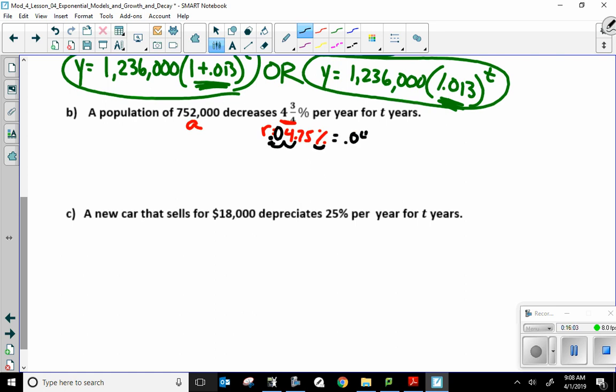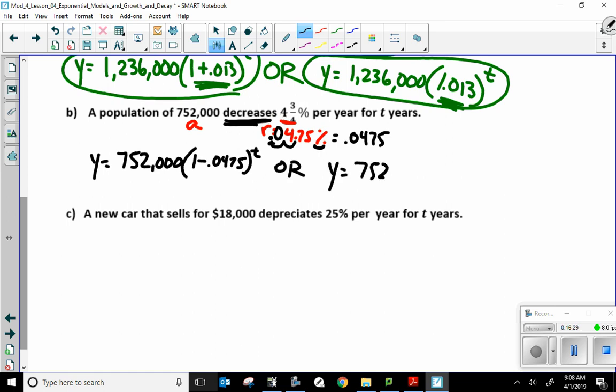So that's 0.0475. And notice it's decreasing, so I'm going to subtract my rate. So y equals my initial value, 752,000, times 1 minus 0.0475 to the t. Or, if I combine those, y equals 752,000 times 0.9525 to the t.